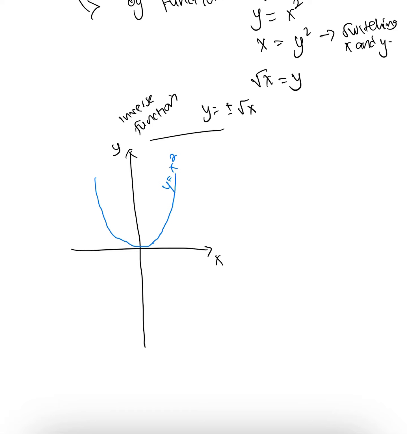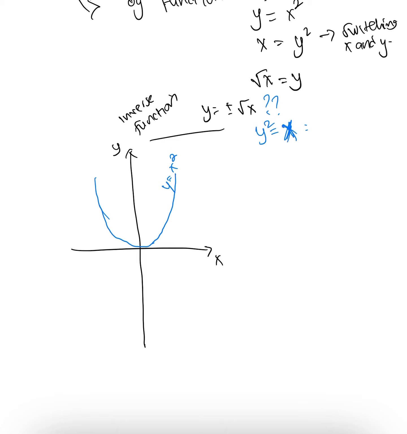If this is y equals x squared, how do I draw root of x? What helps me remember is that here y squared equals x. So this has to be a smiley face, but one such that my x-axis is now the y-axis, if you see what I mean.